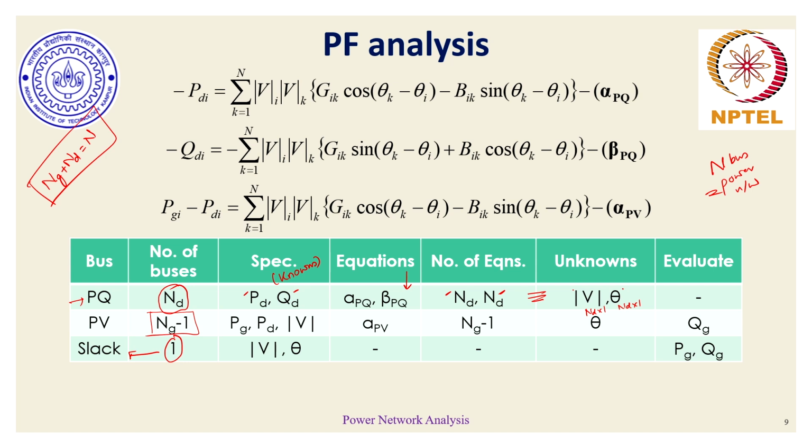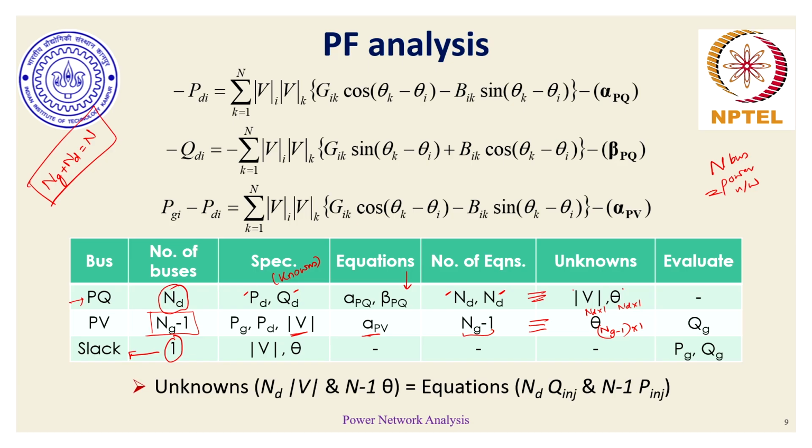For PV bus, we have only one equation for every PV bus, so basically we have ng minus 1 PV bus equations. The unknowns are only the voltage phase angles, because voltage magnitude is known. So here again, it is an ng minus 1 cross 1 vector, which is consistent with the number of equations for every such PV bus.